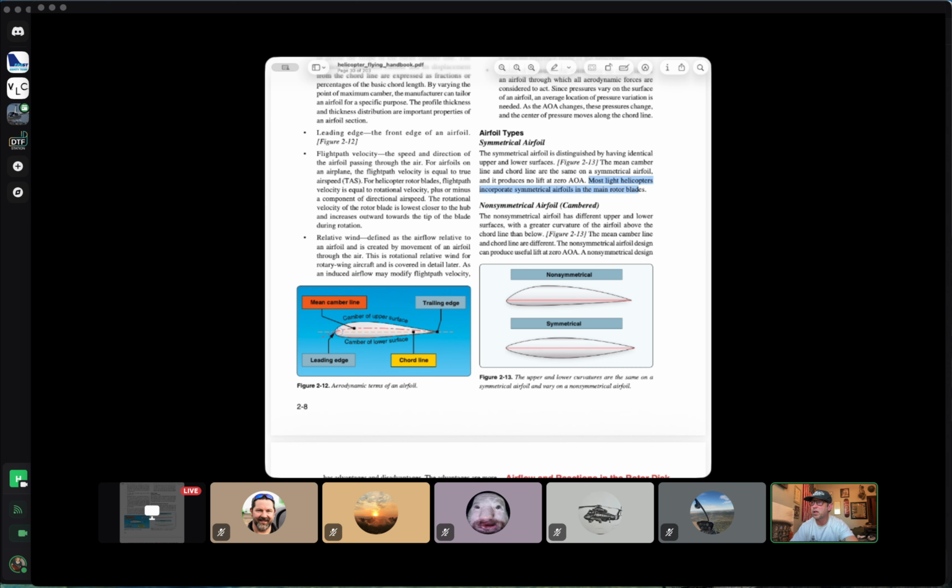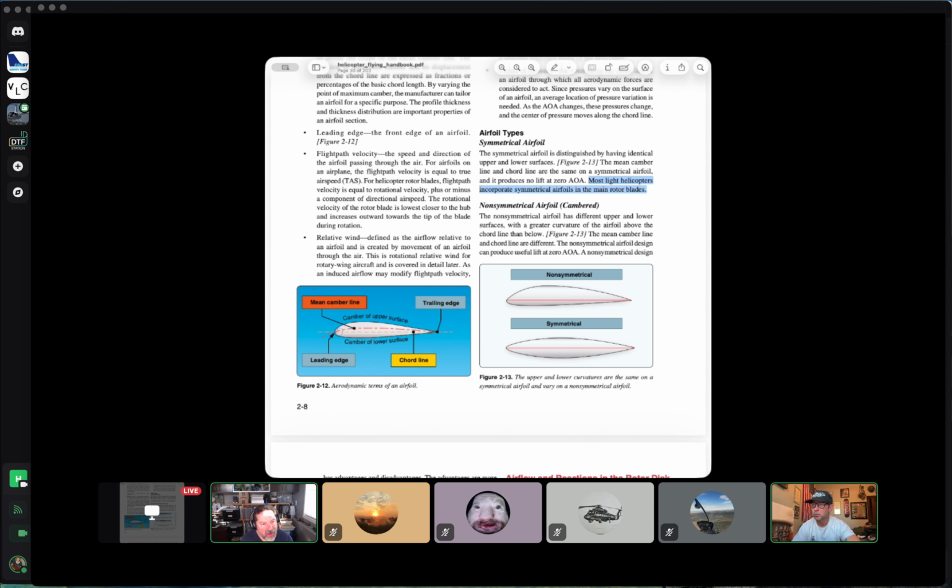Where most light helicopters incorporate symmetrical airfoils in the main rotor blade. And I think my thought on that was because they're not powerful enough to have the velocity required to use an asymmetrical or non-symmetrical airfoil. I'm not sure. I think it's because they don't have hydraulics.